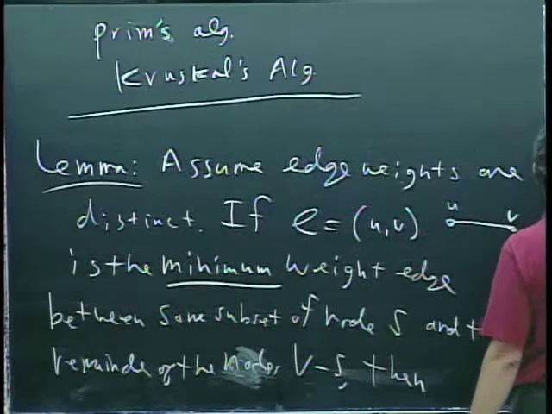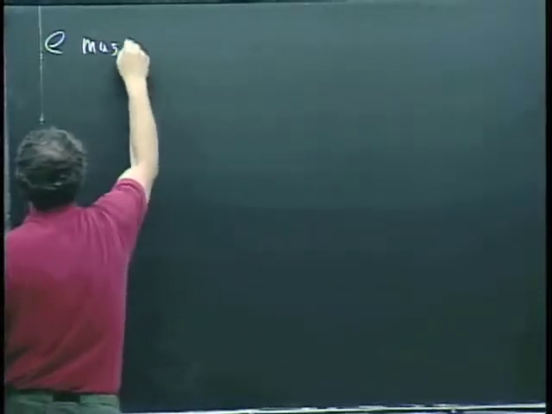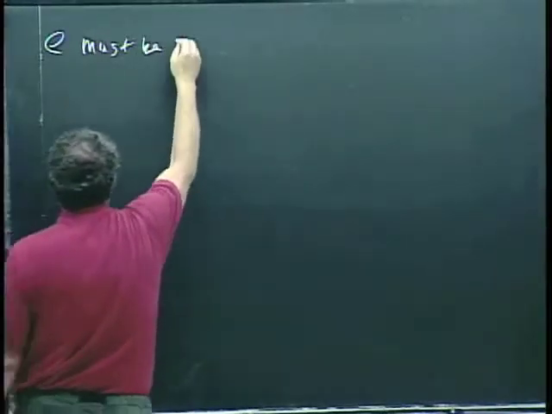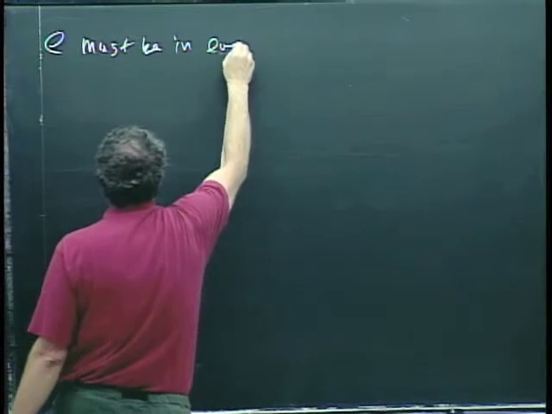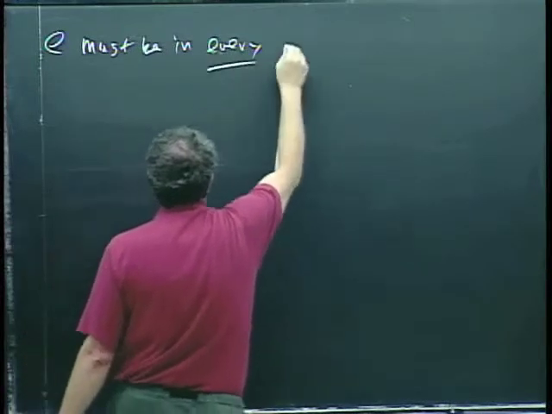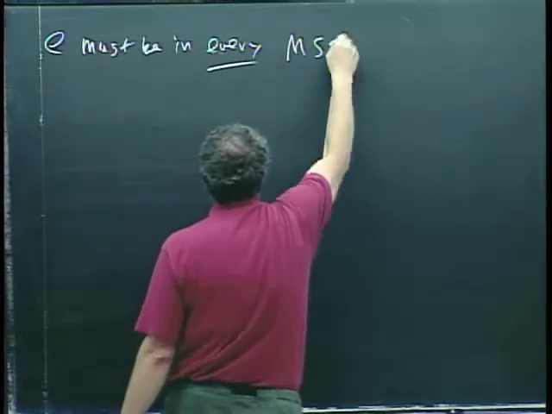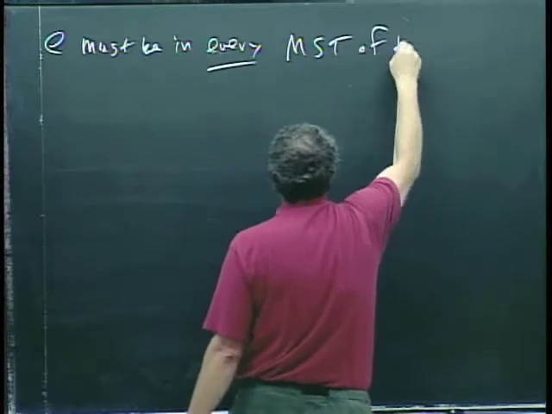Then E must be in every minimum spanning tree of the graph.